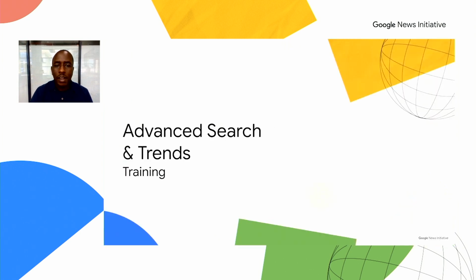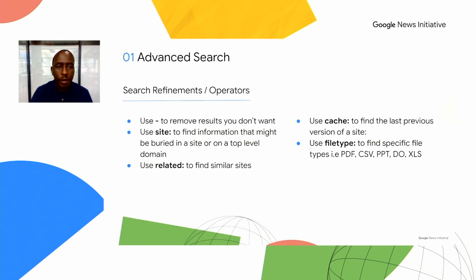We now look at advanced search and some of the tips and tricks you can use to refine your search. This is one of the tracks that we offer in our training sessions. Search operators or search refinements can be used to identify and locate information more precisely and much faster.